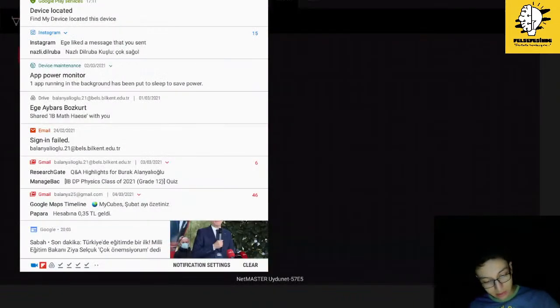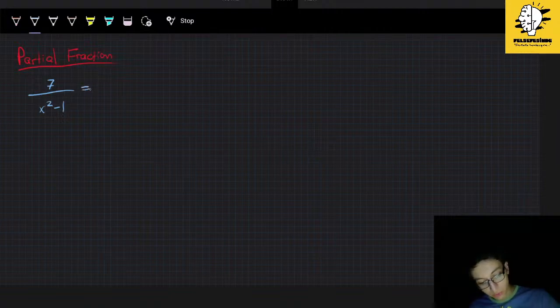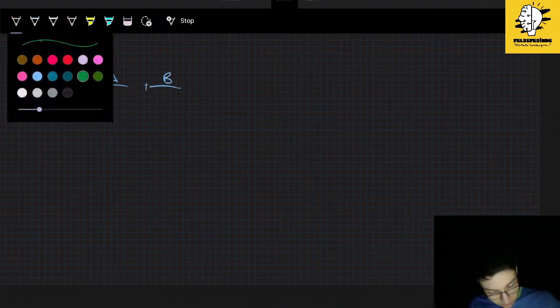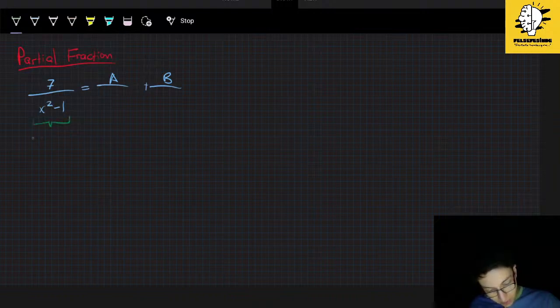So the first thing that I would like to write is, let's assume we have 7 over x squared minus 1. Can we not say that this can be written in the form of partial fractions, meaning a over something plus b over something. This can be written as x minus 1 times x plus 1.